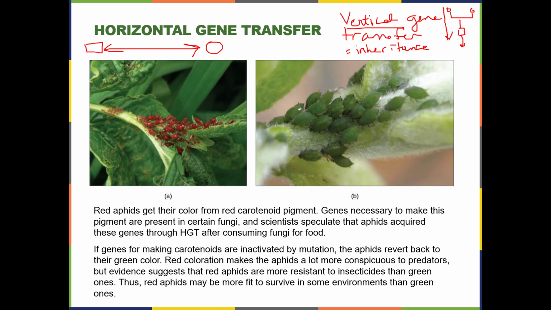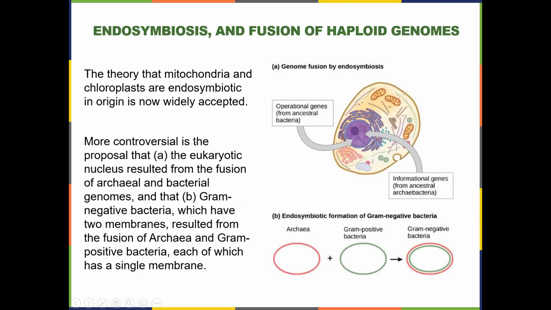We still don't know exactly the extent of it, how often it happens, but we know it can happen. So I think we have to keep our mind open to what this could mean. This is probably going to create a whole bunch of questions for you, and I don't think I can answer all of them at this point, and science can't answer them all at this point, but there's a lot of interesting things we haven't figured out yet with this.